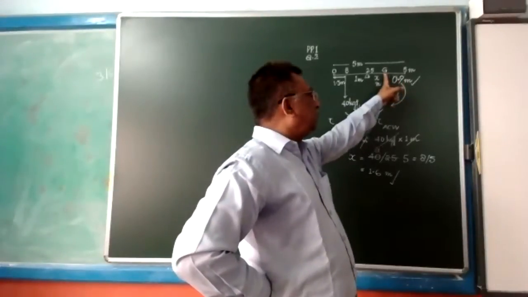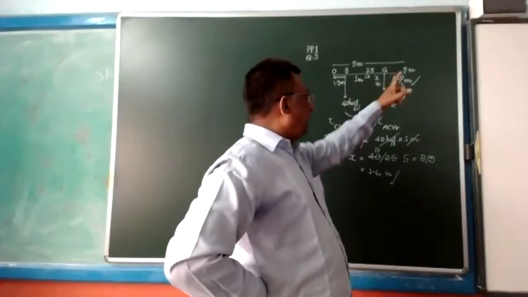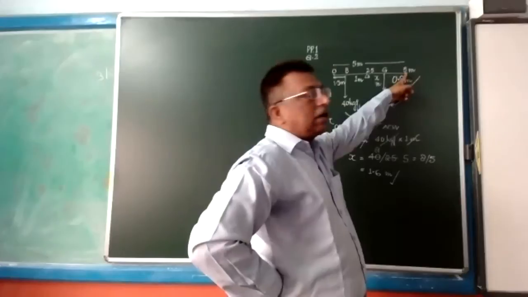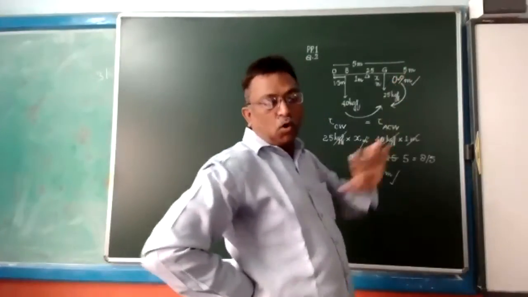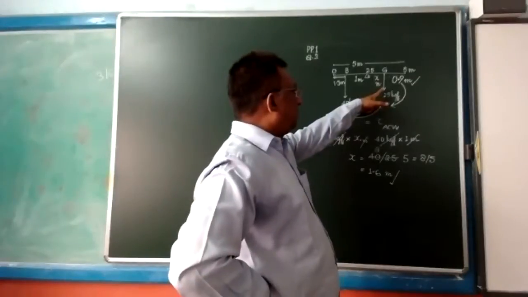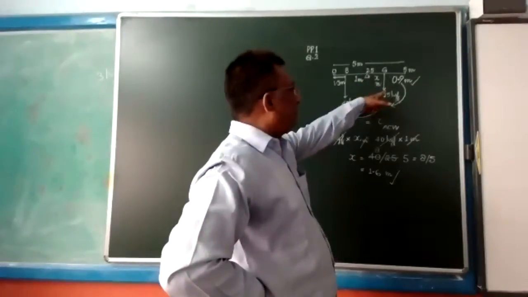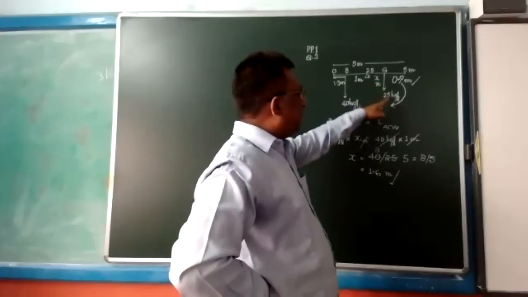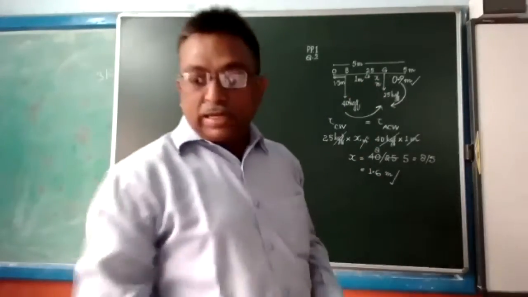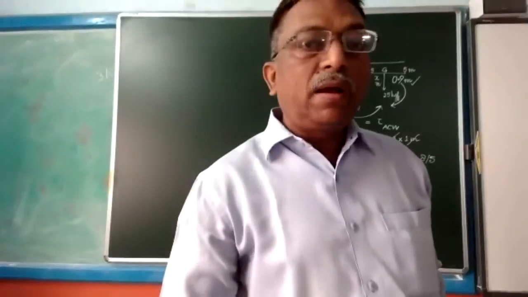That girl must sit at a distance of 0.9 meter from the other end of the seesaw, or that girl must sit on the other side of the fulcrum at a distance of 1.6 meter.